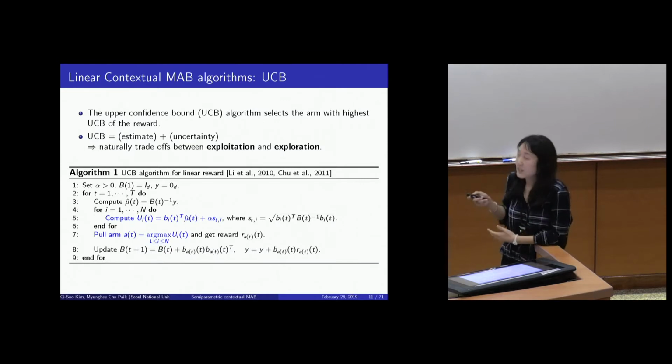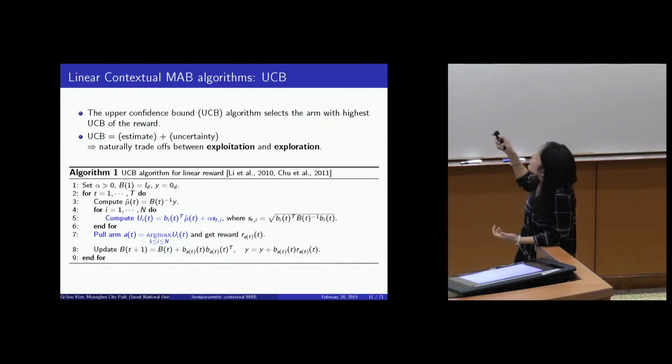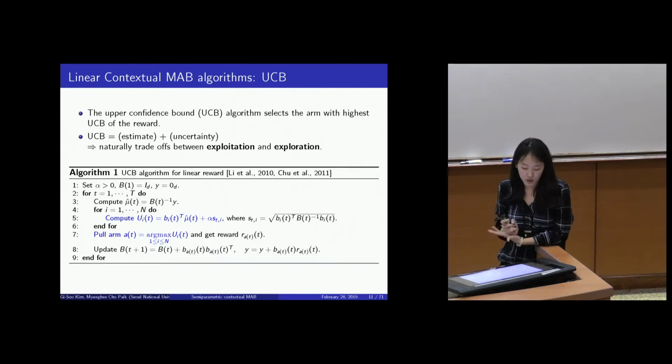This algorithm computes at each time the upper confidence bound of the reward of each arm, and then it selects the arm which has the highest UCB. Since the UCB reflects the current estimate of the reward plus its uncertainty, it is known to naturally trade off between exploitation and exploration.